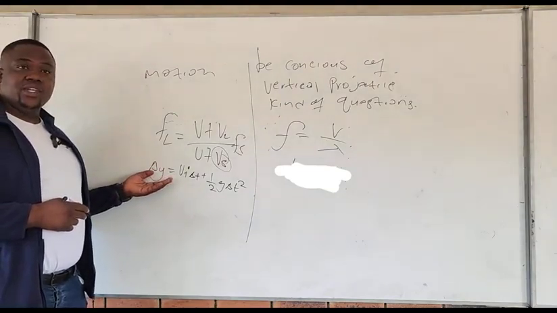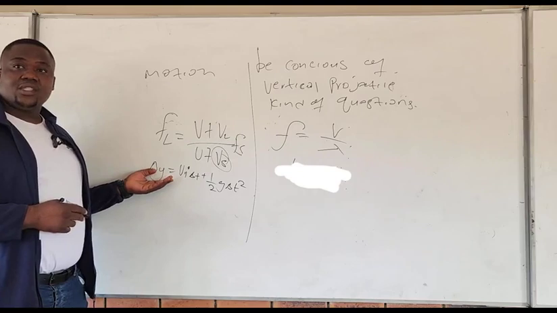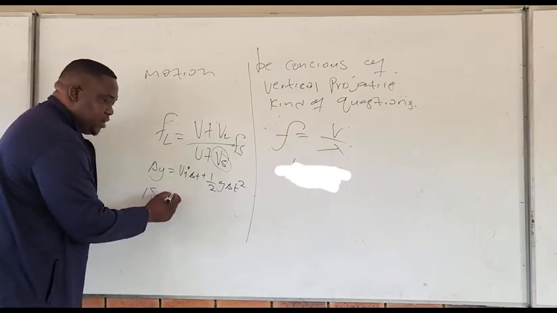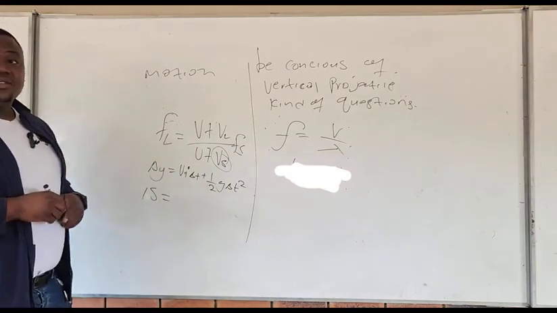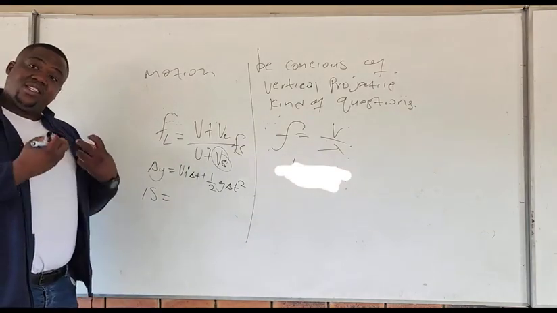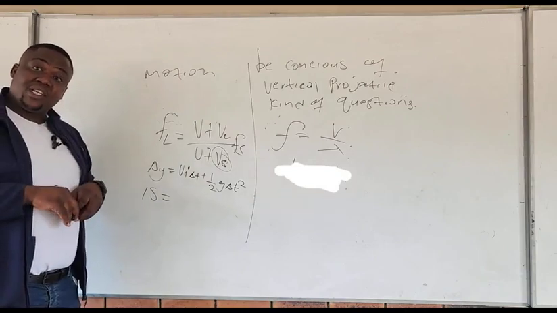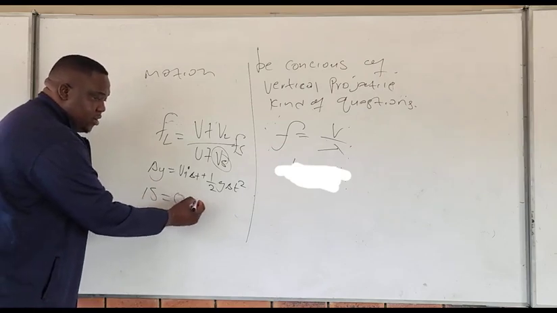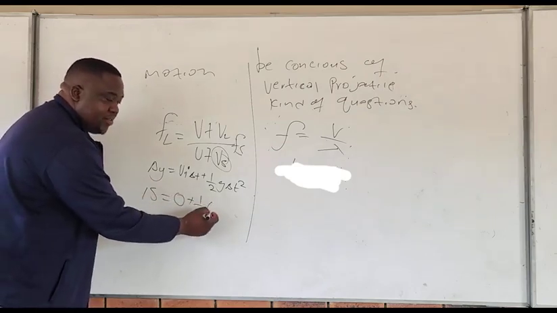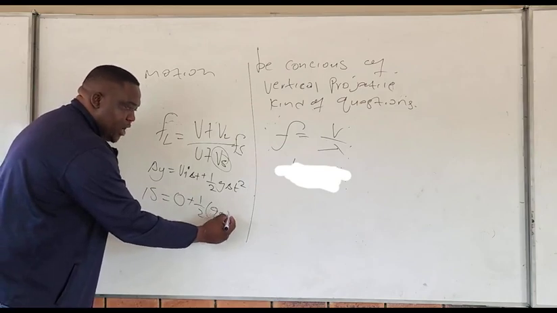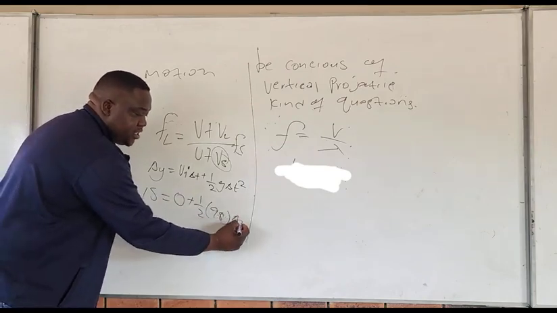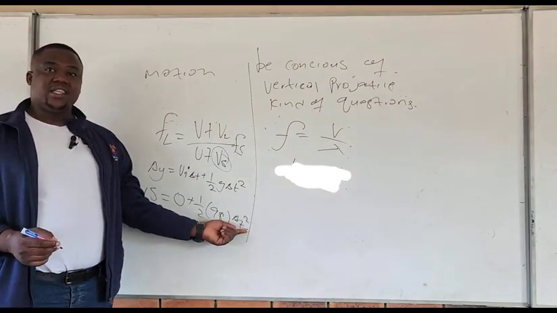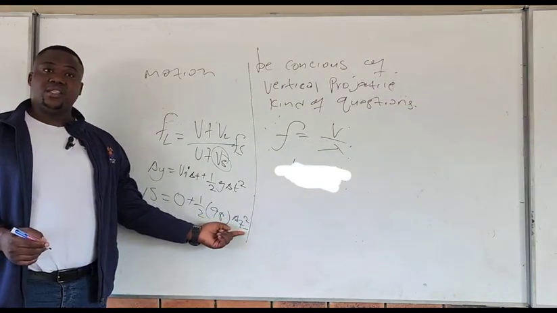The height from which the source was dropped is 15 meters. The initial velocity is 0, so we have 0 plus 1/2 times 9.8 times Δt². We start by calculating the change in time.